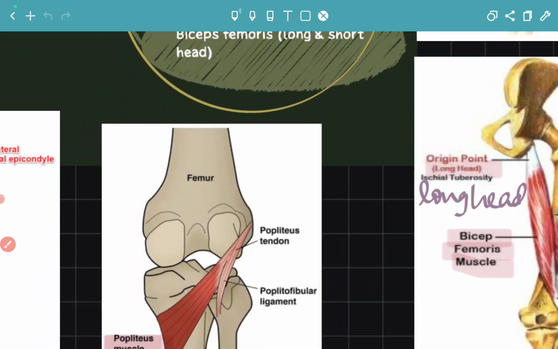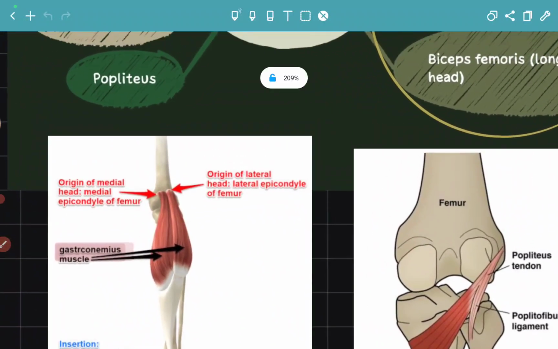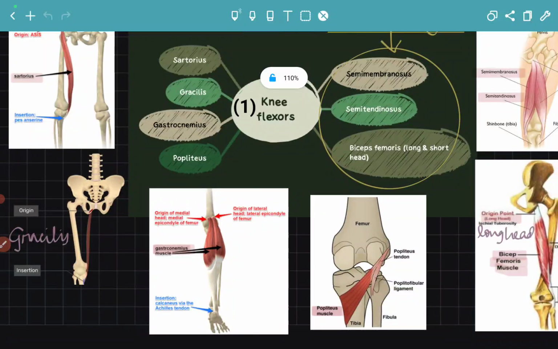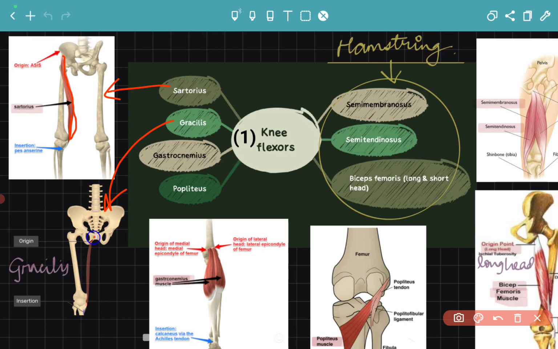Discussion of origin insertion will be done in detail later on with the action of those muscles. Now we'll just have a look where the muscle starts and ends. Other than hamstring group of muscle, we have sartorius from ASIS to the proximal tibia, then the gracilis over here, then gastrocnemius, the lateral head and the medial head, and then the Achilles tendon.